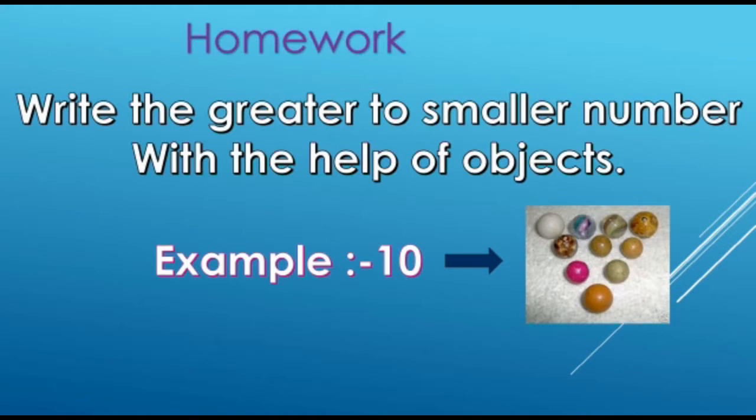Okay, greater to smaller number. First, I explain one number here. Example is given, 10. Then you have to draw 10 marbles. Understood? Like that, 10 to 0, you have to write down the numbers and draw the objects in your maths notebook. Thank you.